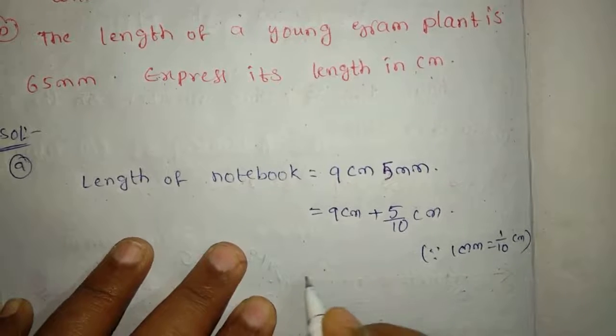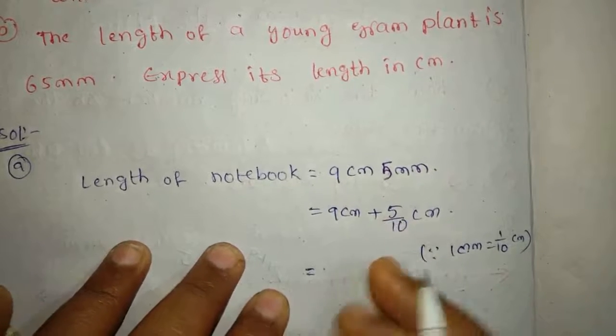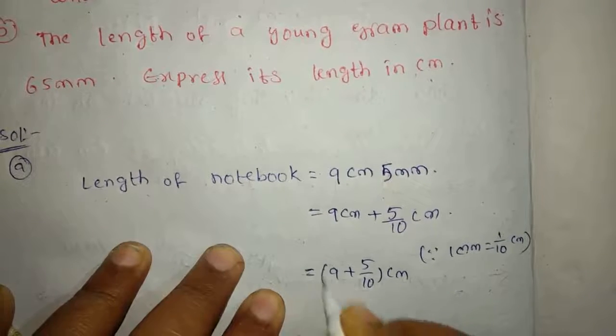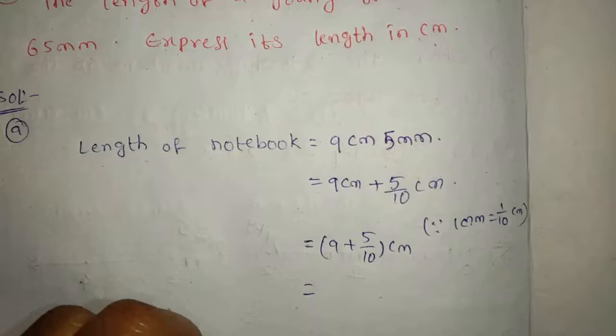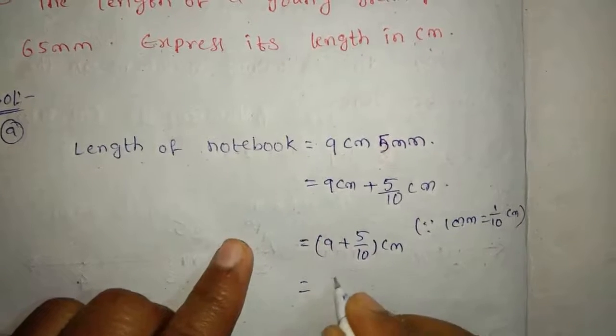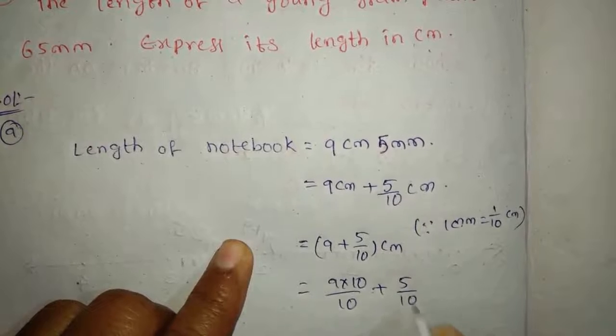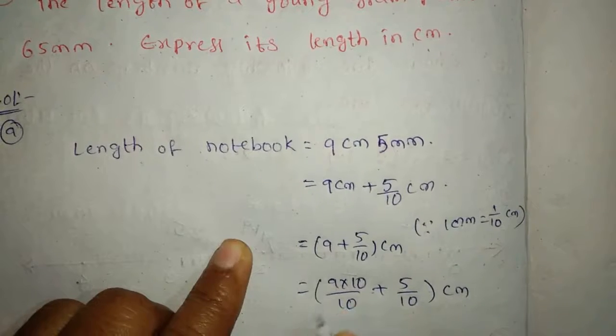Already we know this. So this can be written as 9 plus 5 by 10 cm. This can be written as 9 into 10 by 10 plus 5 by 10 cm.